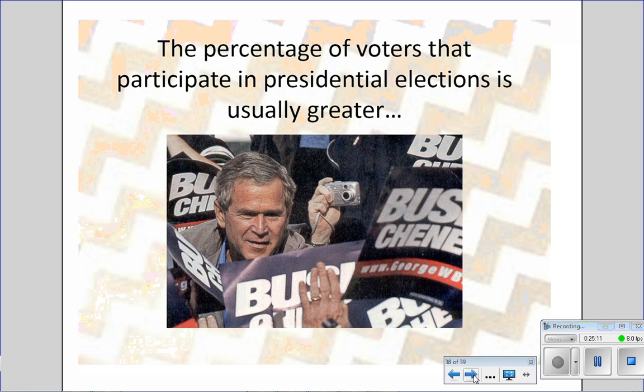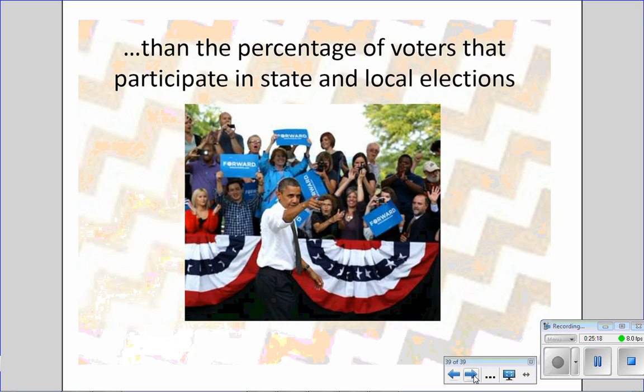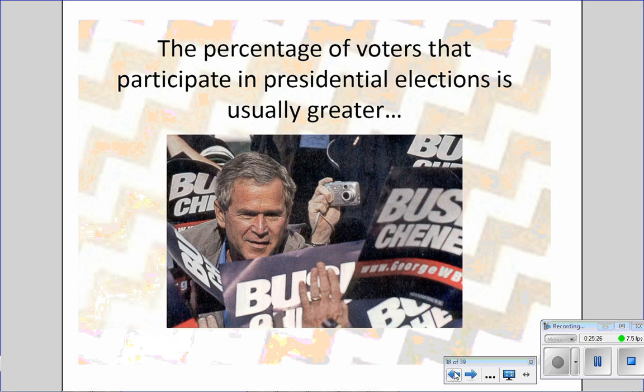Okay, and another thing that's important to know is that the percentage of voters that participate in presidential elections is usually greater than the percentage of voters that participate in state and local elections. So every 4 years we elect a president, and you'll see that more voters go out to vote than in the congressional and Senate races and local elections that happen in between.